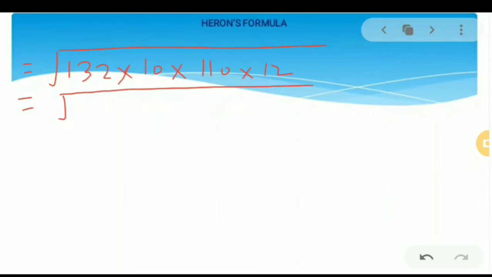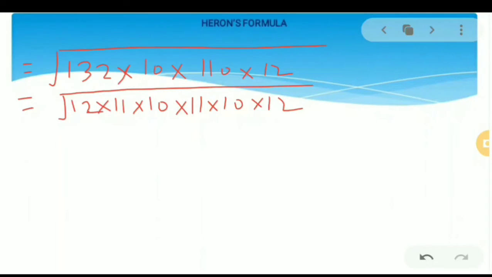When we factorize 132, it will come 12 into 11, because if you multiply 12 and 11 you will get 132. This is 10 here. 110 we can write as 11 into 10, and this as 12.